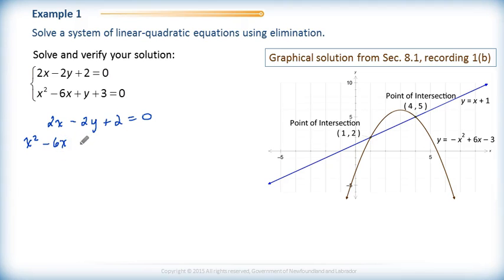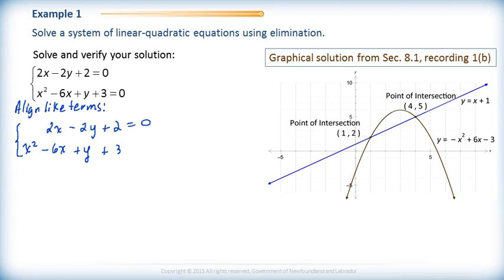Minus 6x here. And then the negative 2y lines up with the positive y that I have and the plus 3. So all I've done is align my like terms. I better put that equals 0 there.